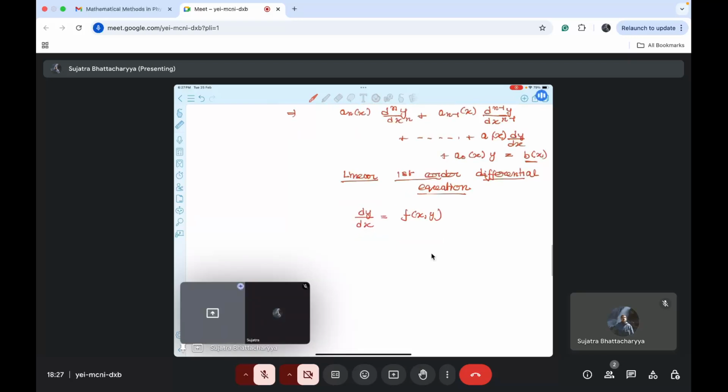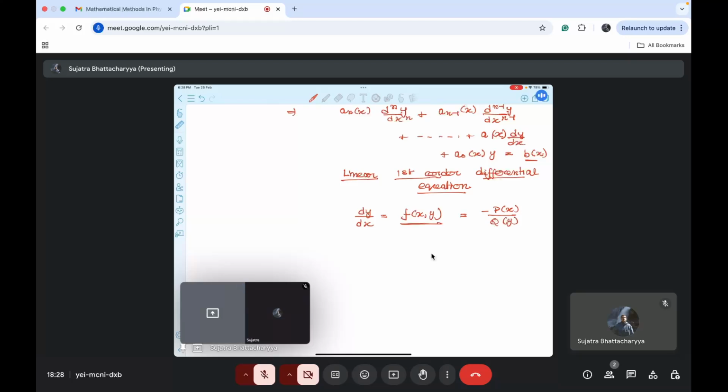Now what we will do is that sometimes it may happen in your question that this f of x comma y becomes separable. Means you can write it in terms of a function of x and a function of y. So you can write this as some minus p of x divided by q of y. It doesn't matter whether you keep this minus or not, you can put it plus.